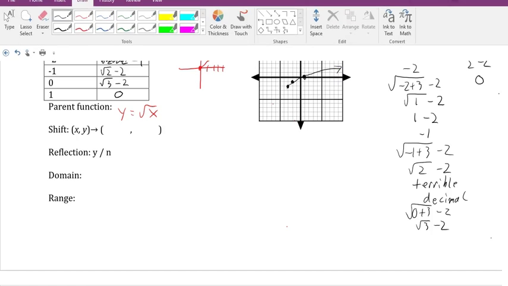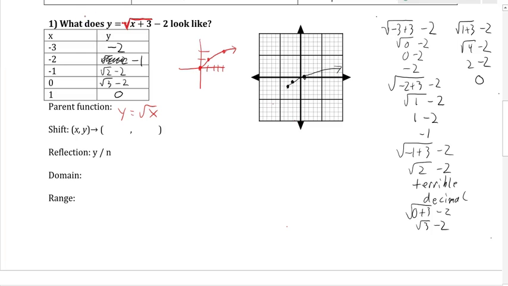So what happened to our parent function? 0, 0, 1, 1, 4, 2. We shifted it just like before, doing the opposite of what we saw inside. Horizontally, we're shifting -3. Vertically, we're shifting the same as what we see, -2. Let's see if that works.